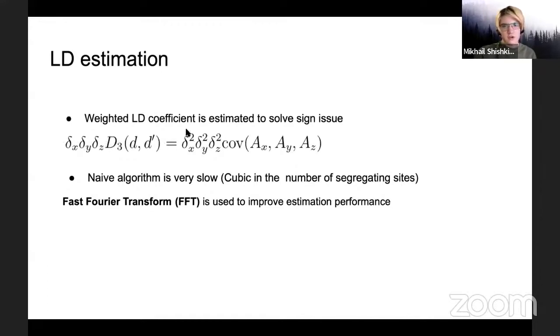As a result, we have delta squared in front of the covariance, and this helps us solve the sign issue. Another problem is that the naive algorithm for estimating LD is very slow, and to solve this, we use fast Fourier transform to speed up our calculations.